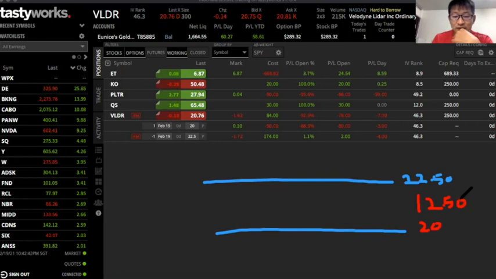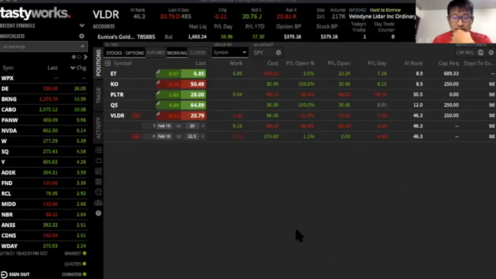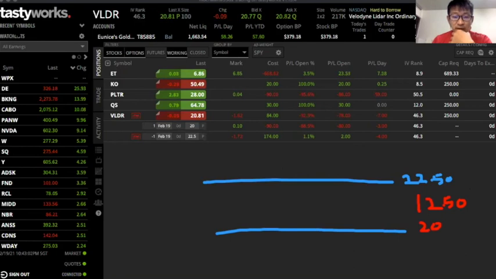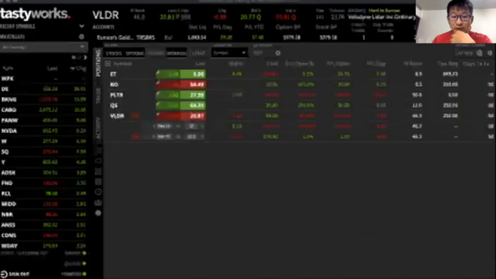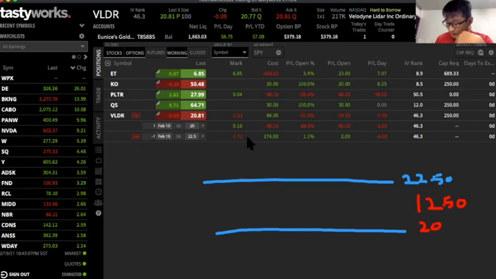So what is our break even price? Our break even price is $22 minus the premium we collected previously when we did this trade. The premium collected is 84 cents, so we minus 84 cents.